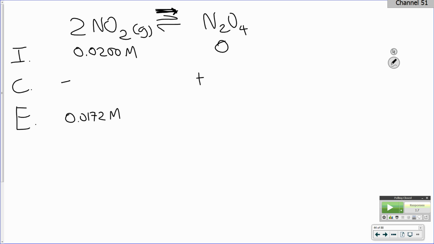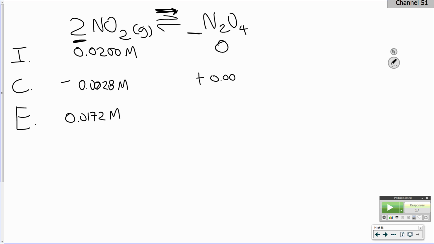So if I take those two things and subtract them, the difference is 0.0028 molar. That represents the amount that this one went down. So this is my change. And if I want to relate that based on a 2-to-1 stoichiometry, how much did this one go up by? 0.00 what?